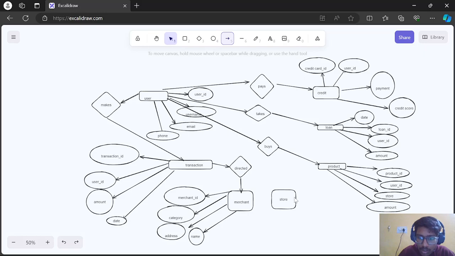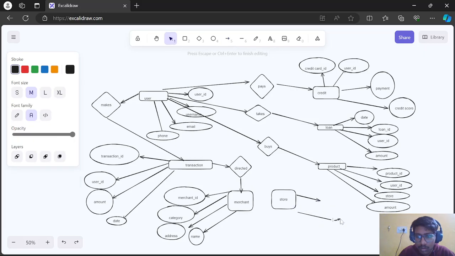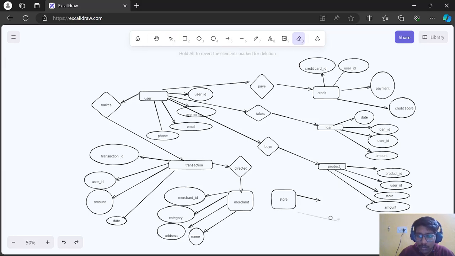And let's go with the attributes of the store entity. Okay, sorry for that. Let me erase that.